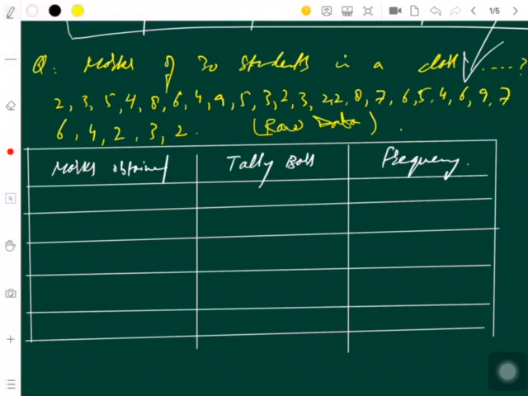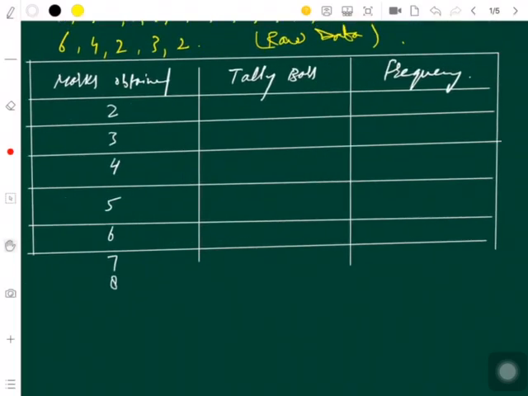So dear students, marks obtained are, let us look into the data: 2 is many times, 3, 4, 5, 6, 7, 8 and 9.